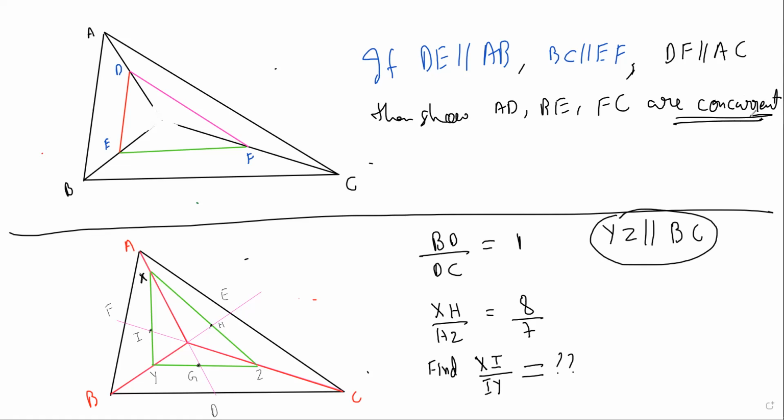If you take two parallel triangles and join the vertices correspondingly, then they meet at a point. Now that again should be true, right? How can it not be true? But you have to prove it.